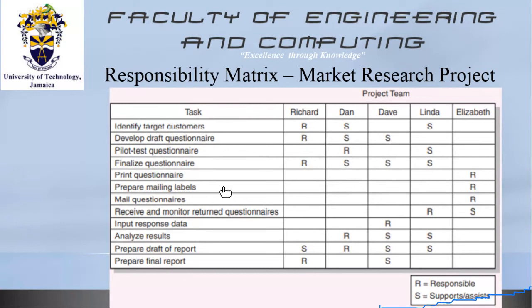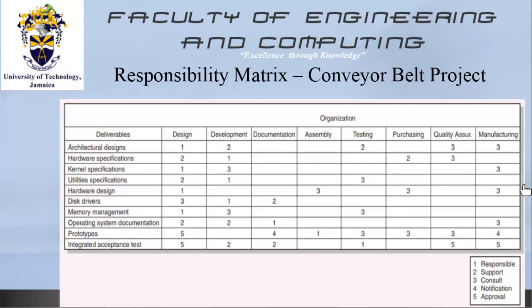So for your assignment, you are expected to present as well a RACI chart showing the key stakeholders, who is responsible for what, okay? This is another form where you can put numbers. So look at this. We have various activities to be undertaken on this project.